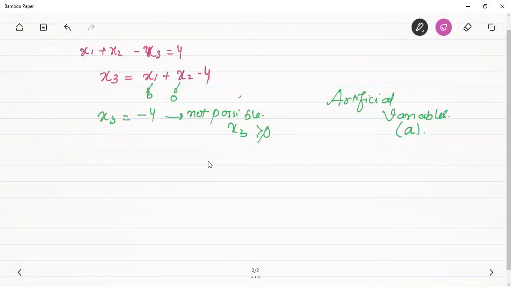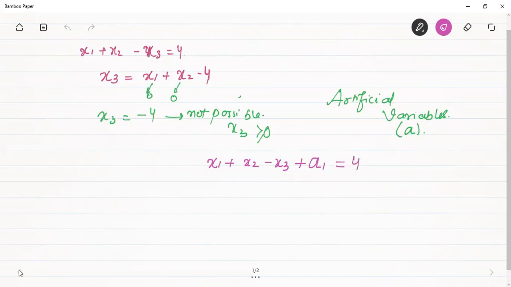The first constraint was x1 plus x2 minus x3, and now I am adding another artificial variable, that is a1. Since I have to use two artificial variables here, the first artificial variable will be a1.